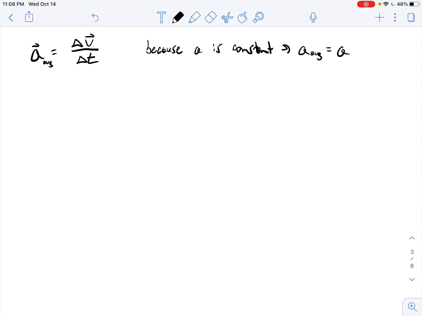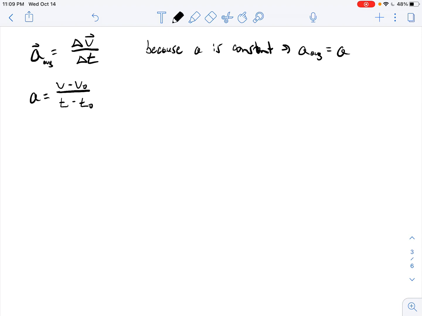It can be the same thing as just our acceleration at any given moment, which we'll write as a. So from here we're going to say a is equal to, remember, anytime we have a change in velocity, we have velocity final minus velocity initial, divided by t final minus t initial.